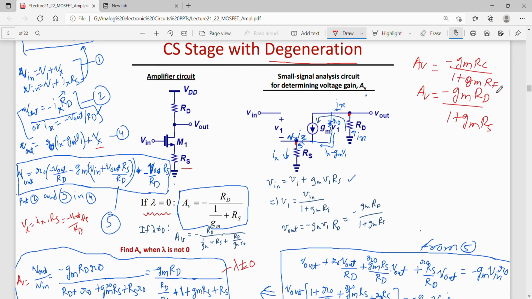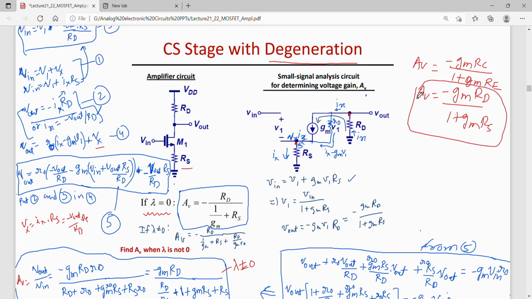Okay. So here in MOSFET based amplifiers we have drain resistance instead of RC and source resistance instead of RE. Okay. So the gain can be modified by inspection simply, or one can find out the gain by drawing the small signal model. Okay. So this is when lambda is 0.